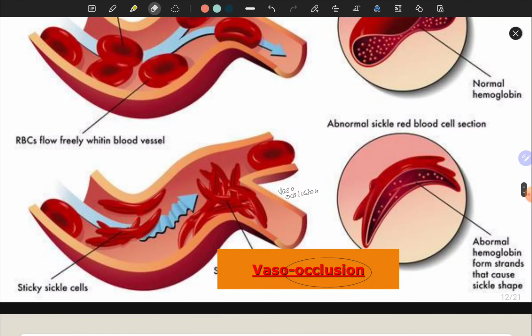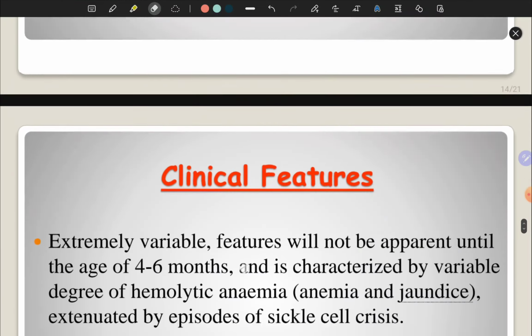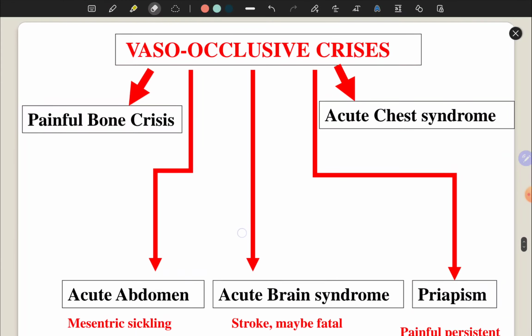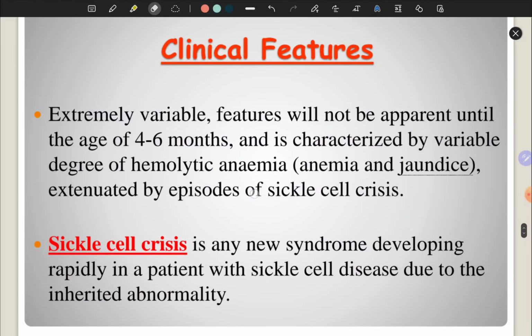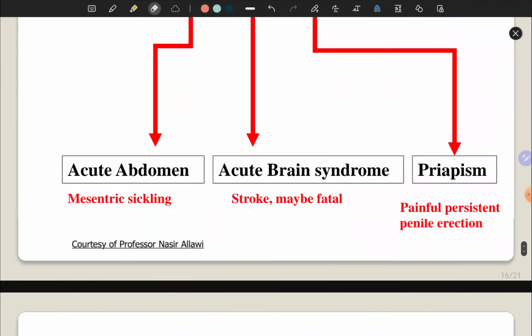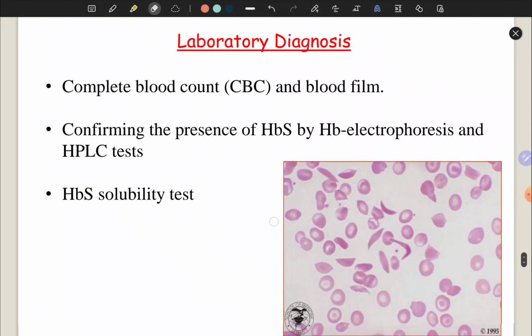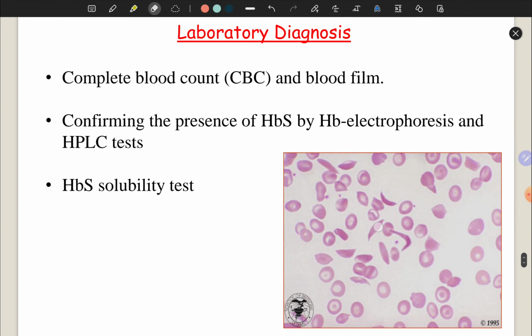And there's a list of precipitating factors that enhance the sickling, or anything that enhances deoxygenation. So this is the morphology of the sickle cells. Okay, sickle cell. You expect that any case suspected with sickle cell will show these abnormal sickle-shaped RBCs in normal conditions, or should the patient be in a sickling attack?